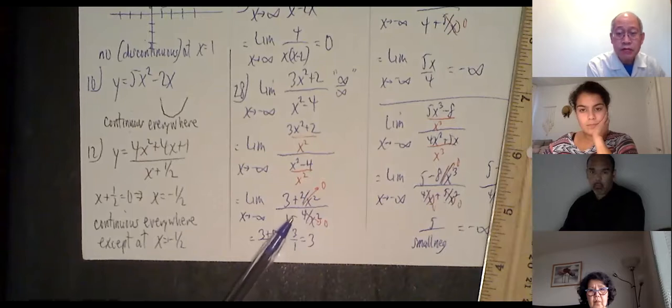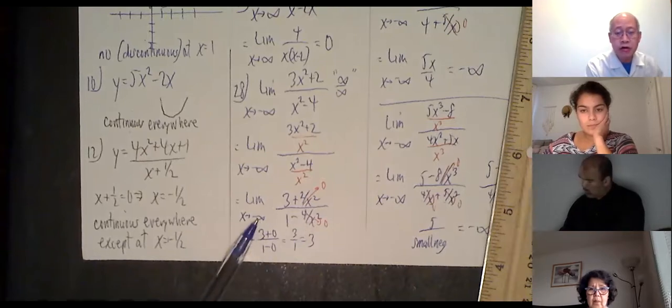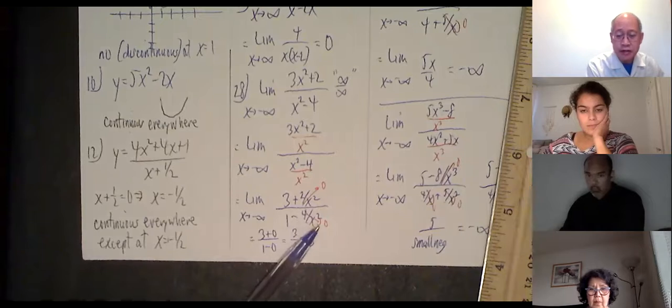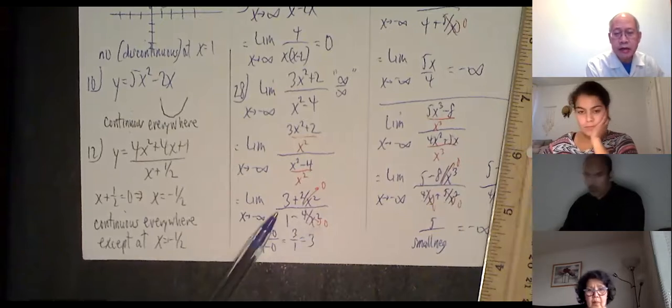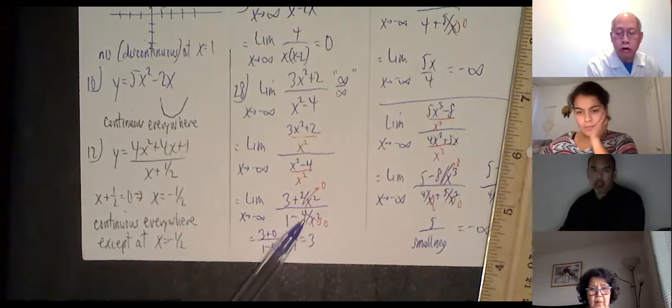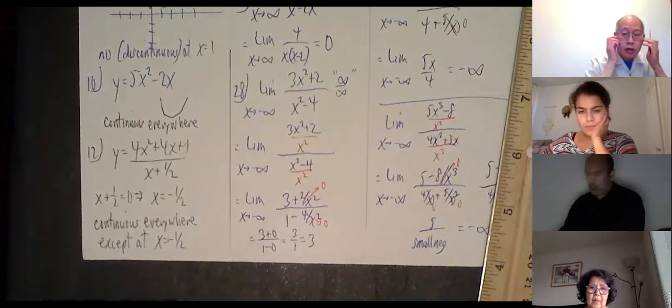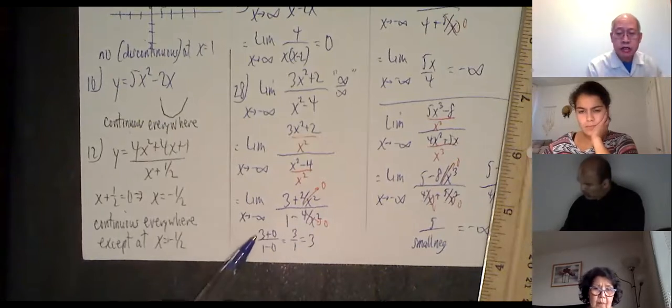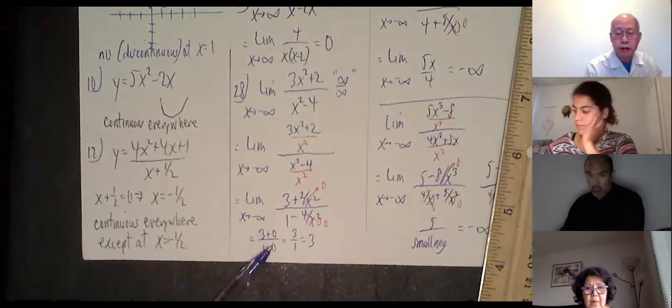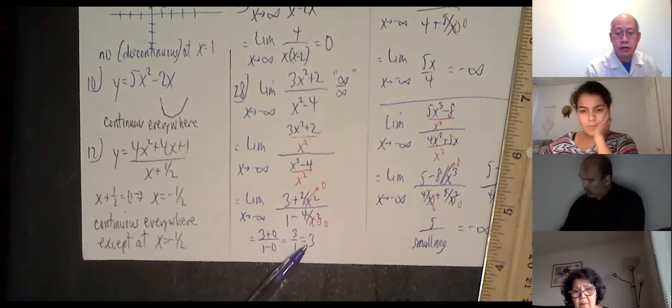And this is 1 minus 4 over x squared. Likewise, when I plug in bigger and bigger negative numbers, this is like nothing. It's going to be 1 minus 0.00001. It's practically still 1. All right, so then in the limit, I'll just write 3 plus 0 over 1 minus 0, which is 3 over 1, and so the answer is 3.